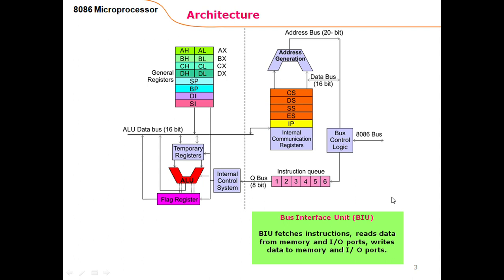For addressing, the code segment, data segment, stack segment, and extra segment registers, along with the instruction pointer and other registers, are used to generate the 20-bit address by adding the starting address of the segment to the offset address, and a 20-bit address is calculated.